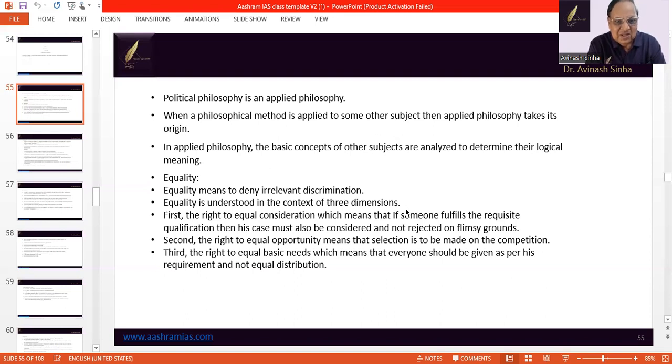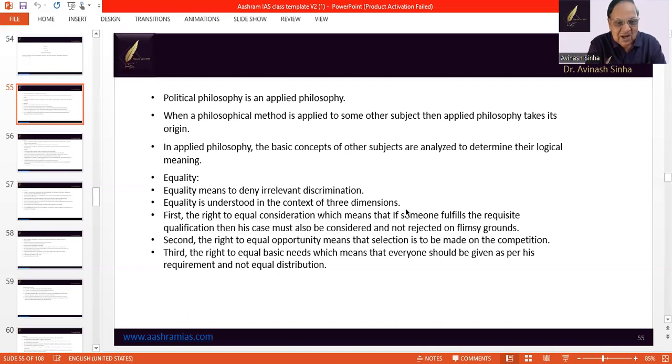The second is the right to equal opportunity. This means that selection is to be made on the basis of competition. Everybody has to appear in the competitive examination to be selected.